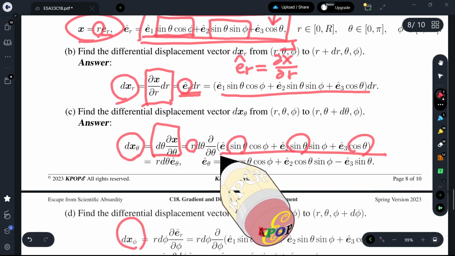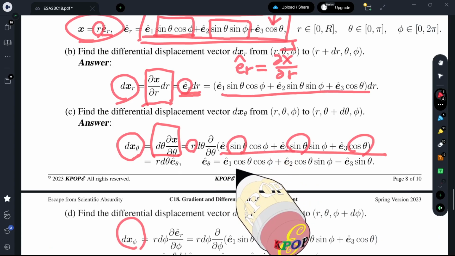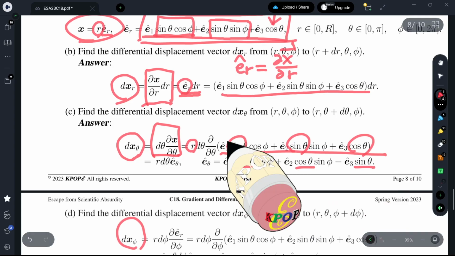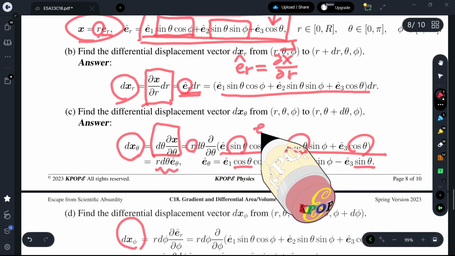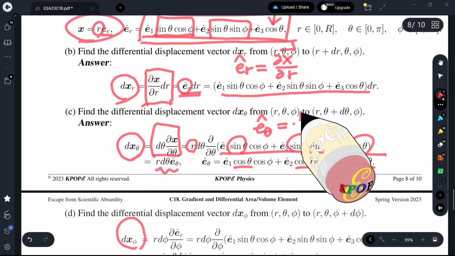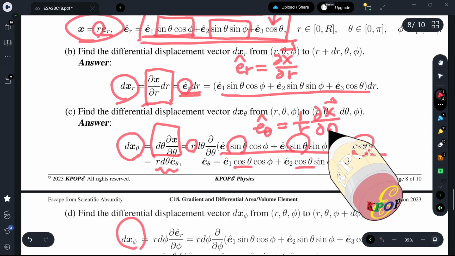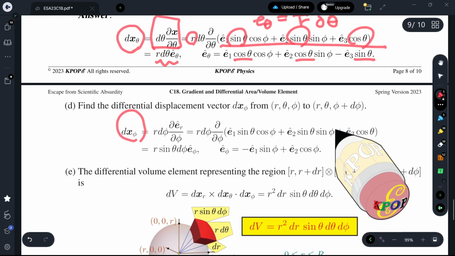After taking the partial derivative with respect to theta, we have cosine, cosine, and a minus sign. As a result, what we have obtained is e_theta. Using this relation, it is 1 over r times the partial derivative with respect to the polar angle.